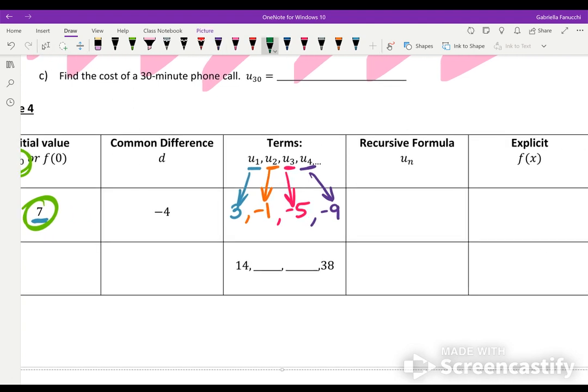So for our recursive formula, we're going to start at the 0 term still. So it will be u sub 0 is equal to 7. U sub n is equal to u sub n minus 1, we're subtracting 4, where n is greater than or equal to 1.